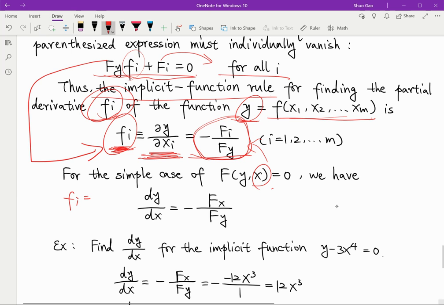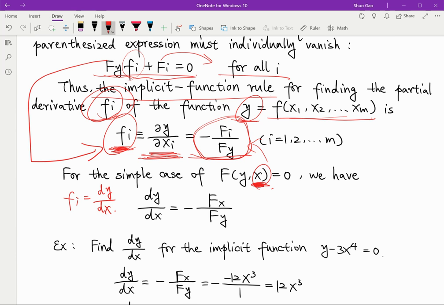Since there's only one x, we don't have any partial derivative here, because we only have one variable. The derivative of y with respect to x is just the total derivative, not a partial derivative, because there's no other variable other than this x.